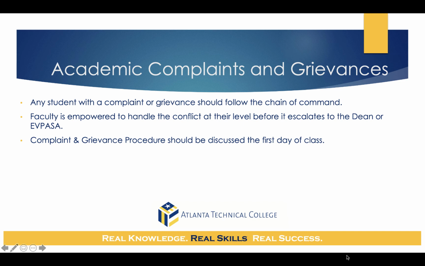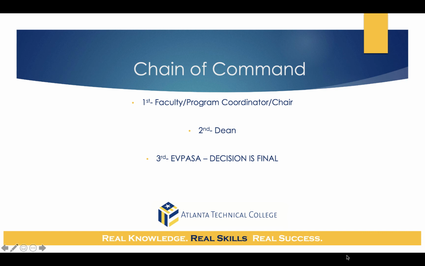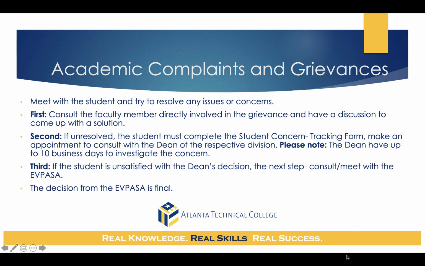Complaint and grievance procedures should be discussed the first day of class so that students know how to file an academic complaint or grievance. And it starts with the faculty member or that program coordinator. If you cannot get resolution there, the student is then able to go to the dean of that division. If the student wants to appeal the decision of that academic dean, that goes to the Executive Vice President of Academic and Student Affairs, and her decision is final.